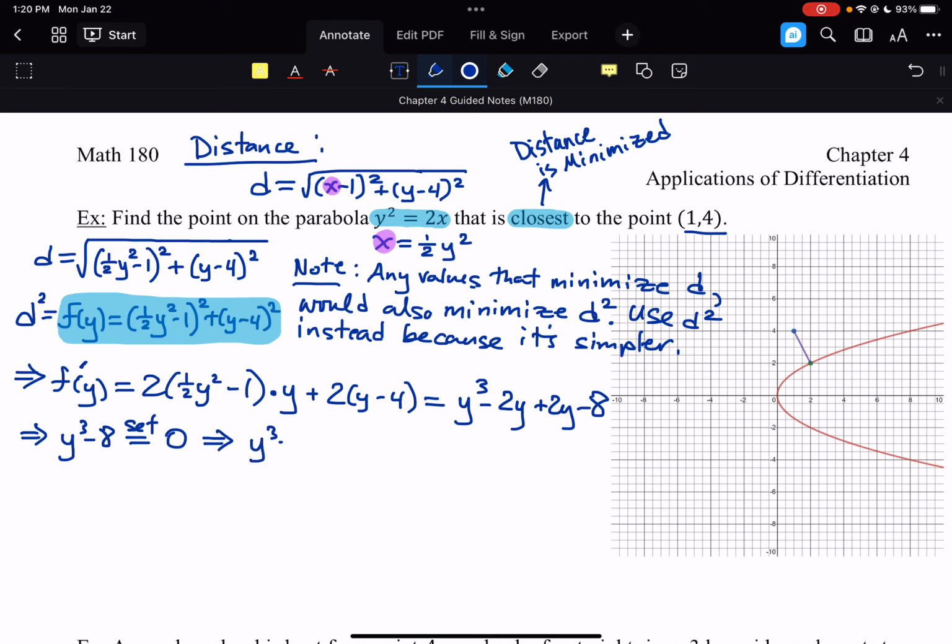So we get y cubed equals 8, so y is 2. Right, and then when y is 2, that means x, if you remember, x is 1/2 y squared, so x is 1/2 of 2 squared, so 1/2 of 4, which is also 2.